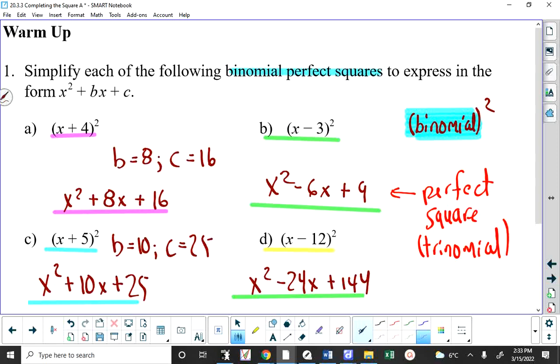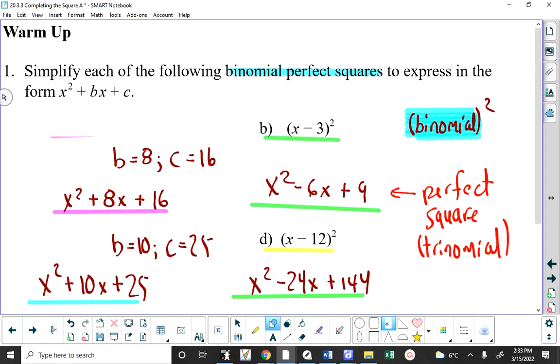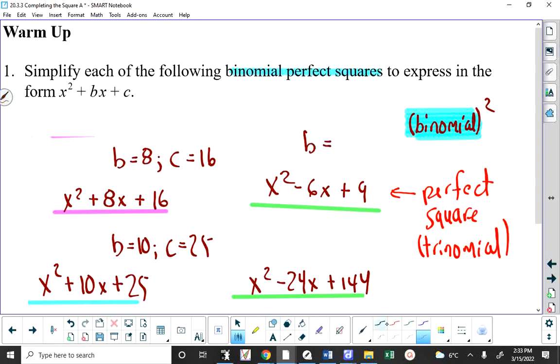I'm not looking at the binomials. I'm asking you to think about what I'm saying by looking only at the simplified form. Over here, B is -6, C is 9.